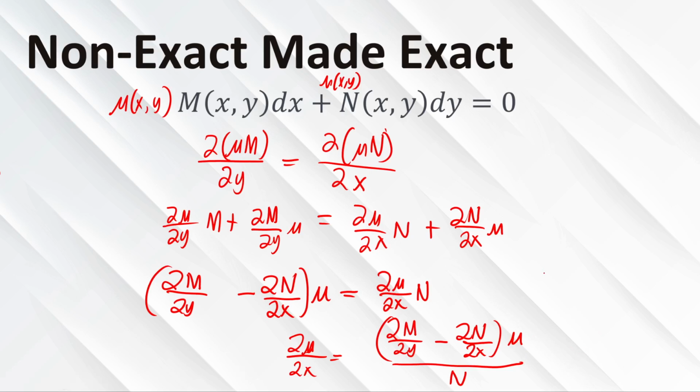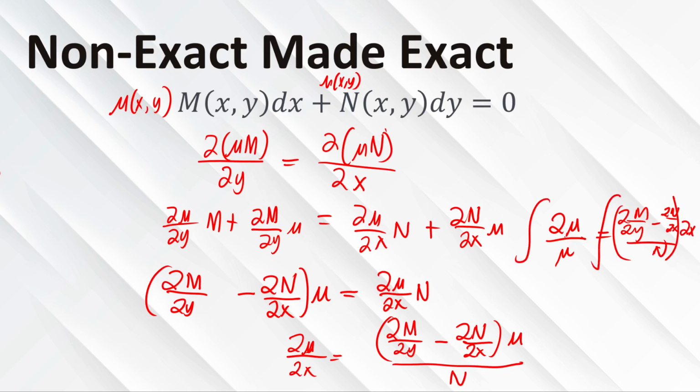At kapag in-integrate mo yun, ang kakalabasan niyan is partial derivative ni mu with respect to mu, tapos yung mu sa kabila ibaba mo. And then we have partial derivative ni m to y, n to x divided by n. Lahat naman ng ito ay magiging function lang na x, tapos partial derivative na x. So, pwede tayong mag-integrate.